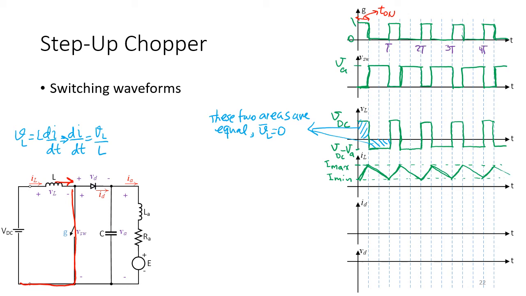We know the slope of this part. What is the slope in this part? It is the slope of rising current. We have the equation there.